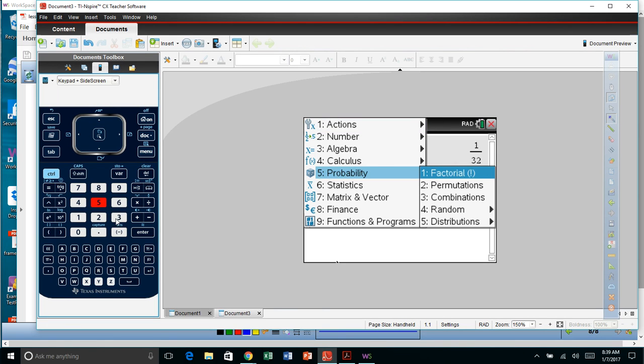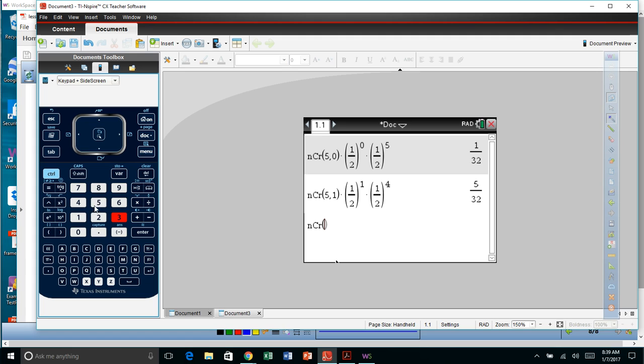Menu 5, 3, and then 5, comma 0, close parentheses, times open parentheses 0.75, close parentheses, caret 0, and then times open parentheses 0.25, close parentheses, caret 5.